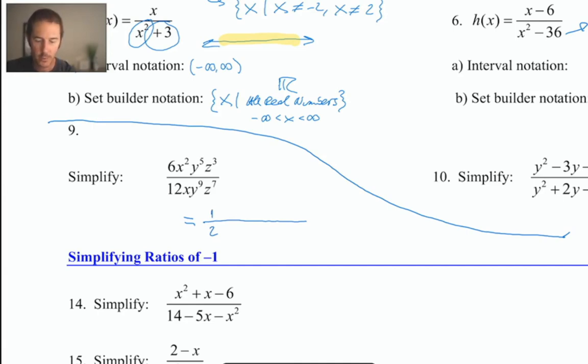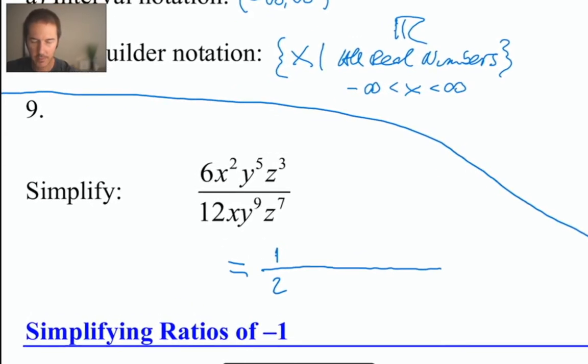The x squared in the numerator divided by x to the first power, we know that we need to subtract our exponents. So this 2 minus the invisible 1 on the x gives us x to the first power. Reducing here, you're going to cancel out 5 factors of y on the top and 5 factors of y on the bottom, leaving you with 4 factors of y in the denominator.